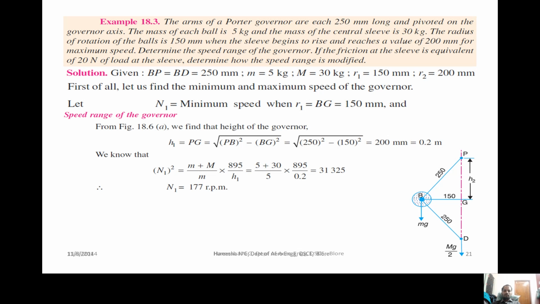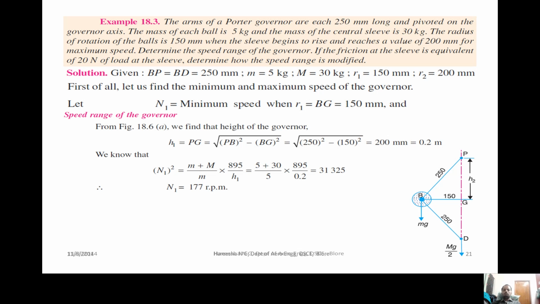Then from the figure we find the height of the governor, h1 equals PG, that is hypotenuse to adjacent. So the final relation we get is 0.2 meter, and from there N1 squared is to be found.